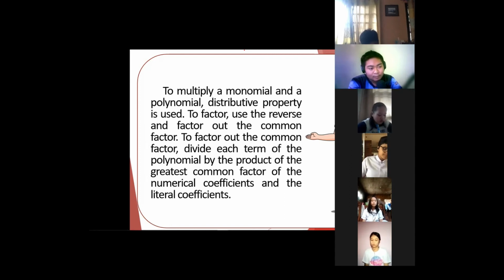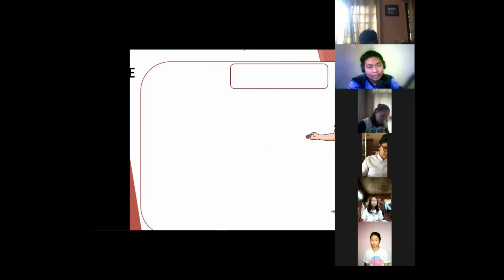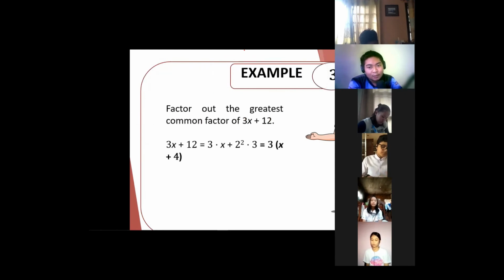For example, we have 3x and 12. Each term is separated by a plus or a minus sign. So, 3x and 12, do they have a common factor?